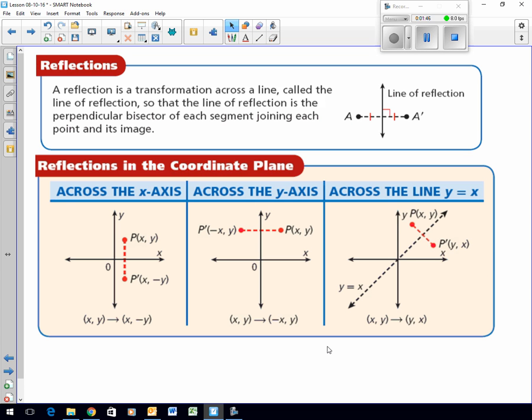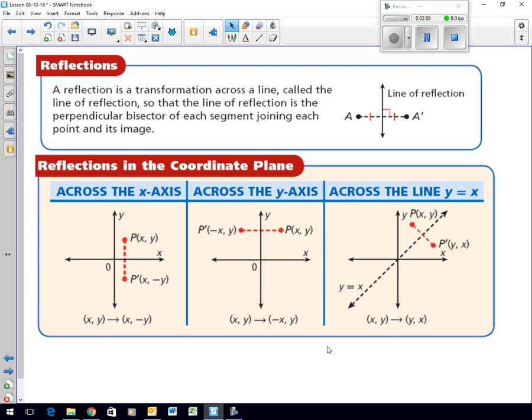And it's also congruent. What's congruent? Same from line of reflection to each particular point. So in this example, if point A gets reflected to the other side of this line of reflection, it is equidistant and it forms a 90-degree angle.